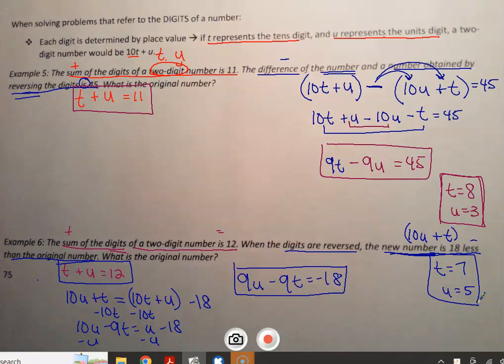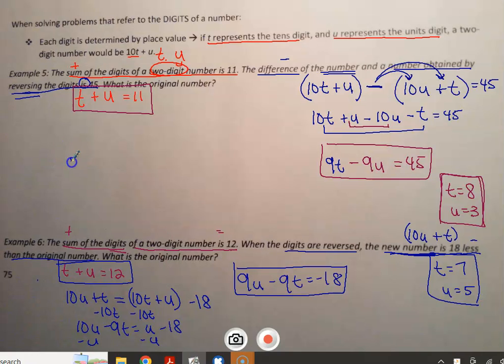All right, so then for your homework is page 120. Yeah, page 120, I was right.